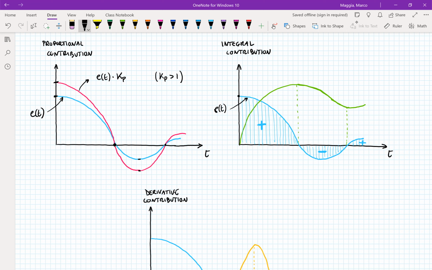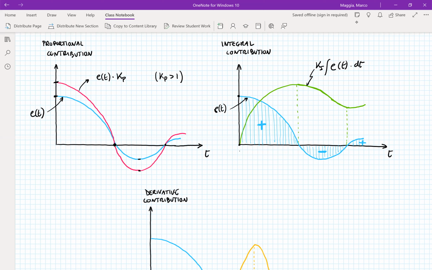So at the very beginning, at t0, there's no area, and so the contribution is 0. This green curve is the integral of e of t dt multiplied by a constant Ki. Then as e of t progresses, there's going to be some positive area, because we are above the x-axis, and so the contribution due to the integral is going to be positive.